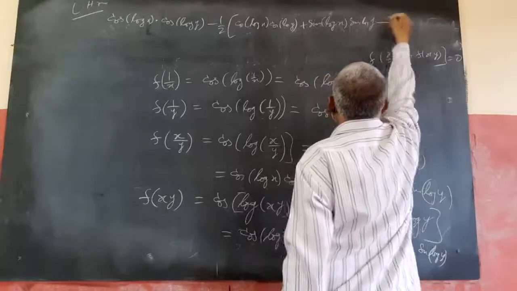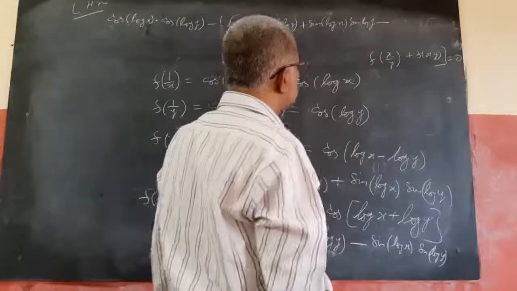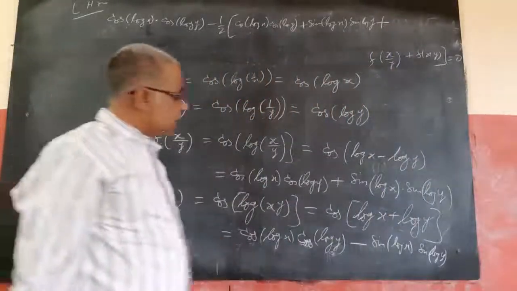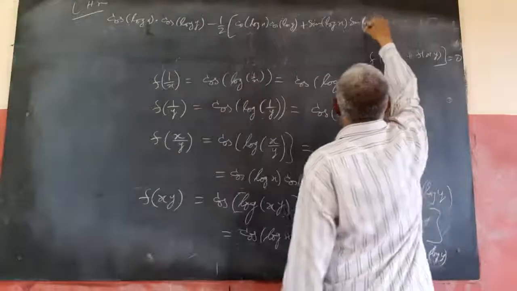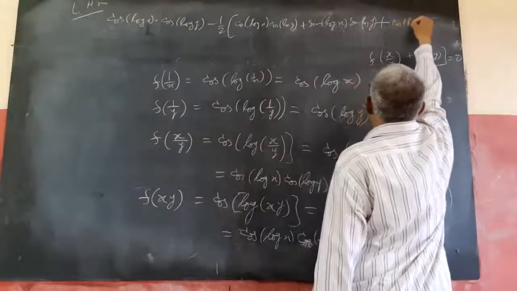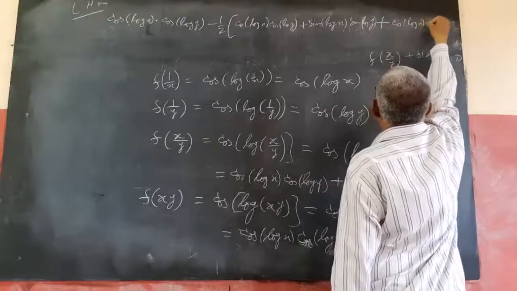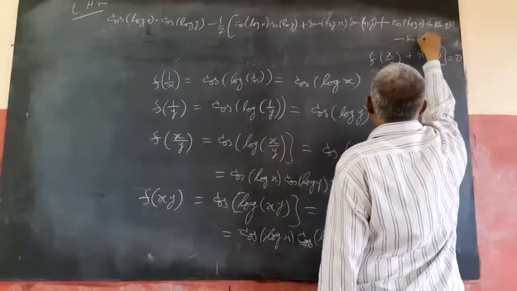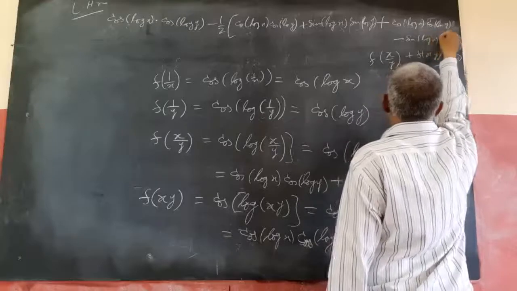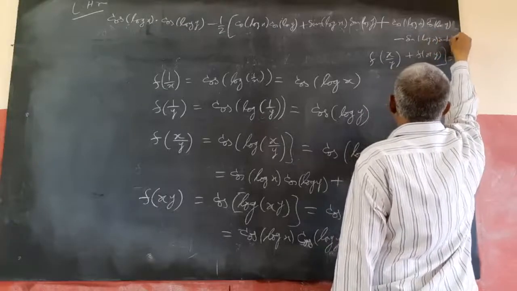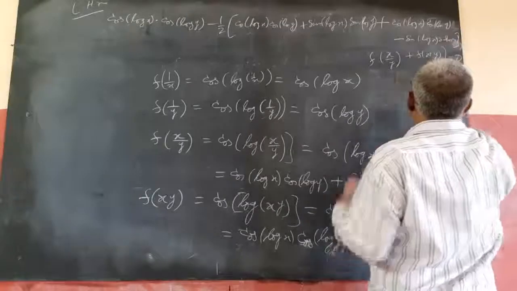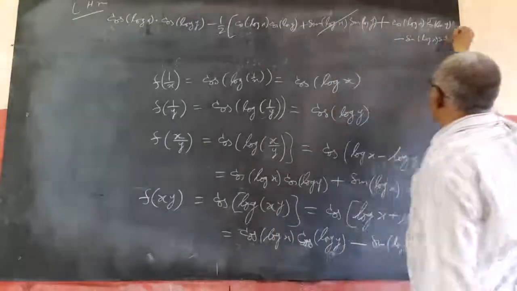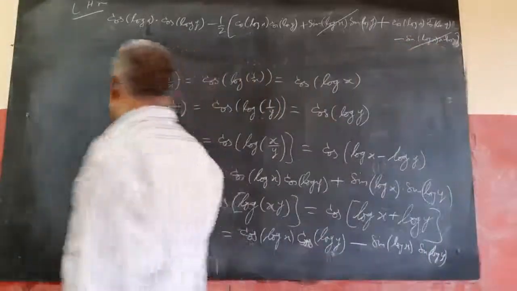Minus, plus f(xy), which is cos(log x)·cos(log y) minus sin(log x)·sin(log y). Now if you observe within the bracket, sin(log x)·sin(log y) and minus sin(log x)·sin(log y) cancel.